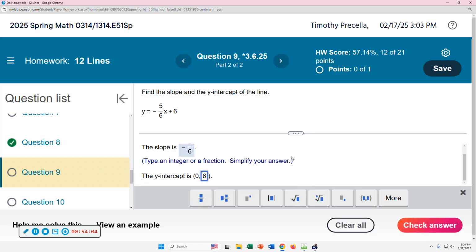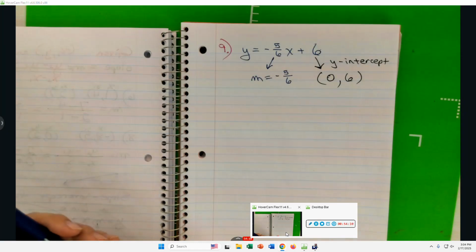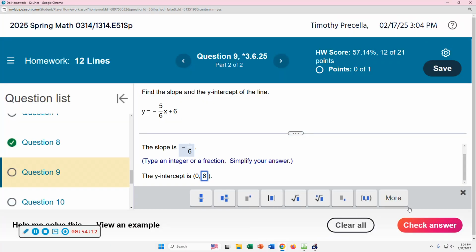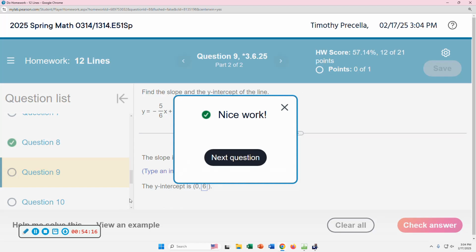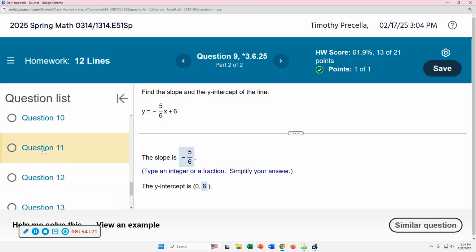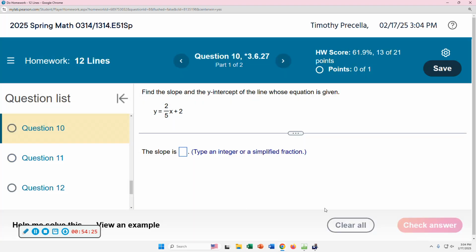Did you notice they already had the parentheses and the 0 comma? All you had to do was fill in that 6 right there. I don't think it's going to stay like that, though. Number 10. Yeah, 10 is fast. Okay. Y'all can call this out to me.